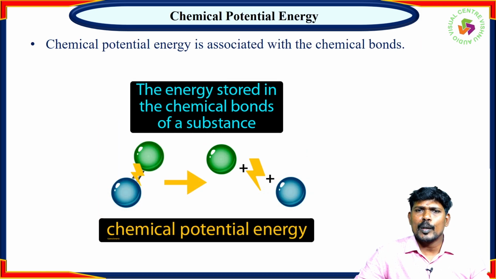Next one is chemical potential energy. Chemical potential energy is associated with chemical bonds. So with this, we can conclude these are the types of energy, and they are classified into kinetic energy or potential energy.